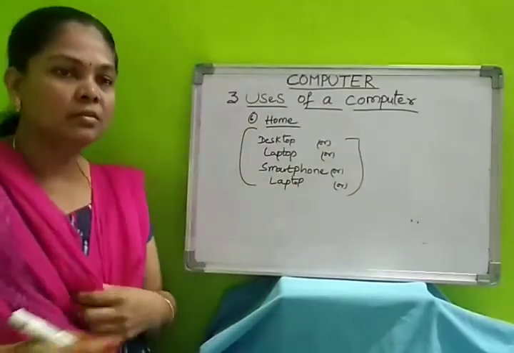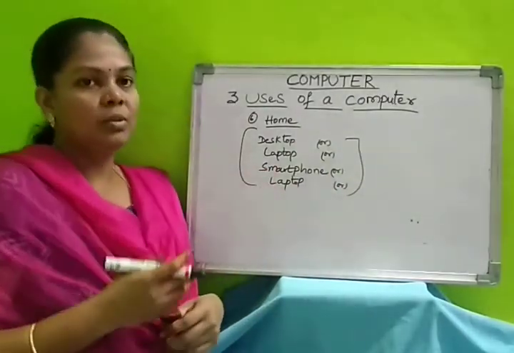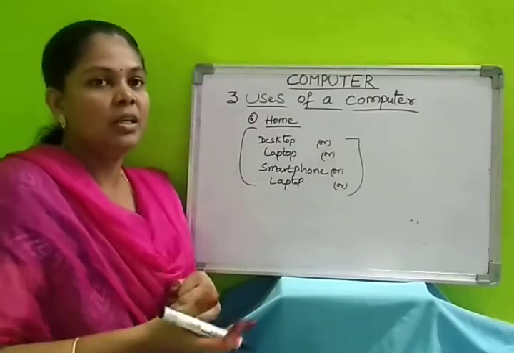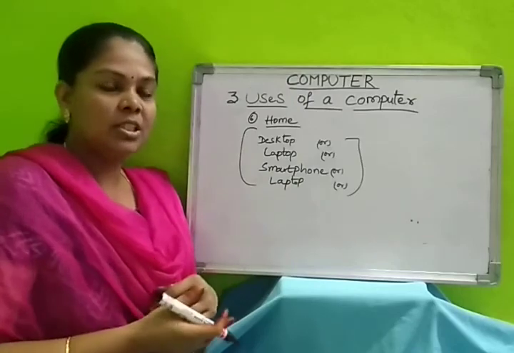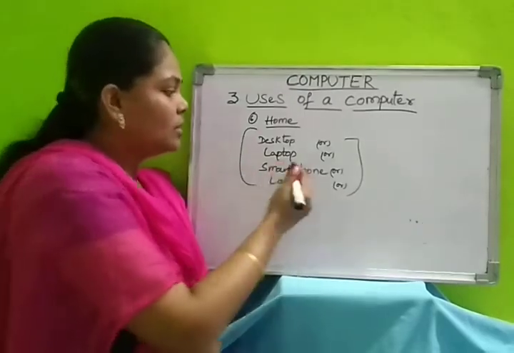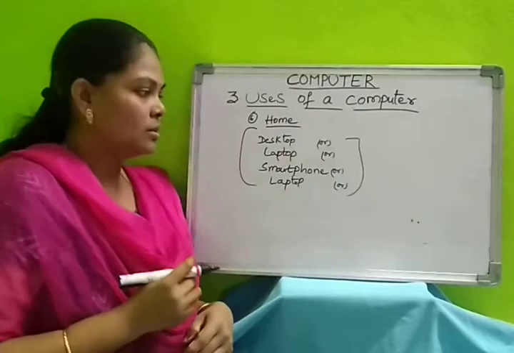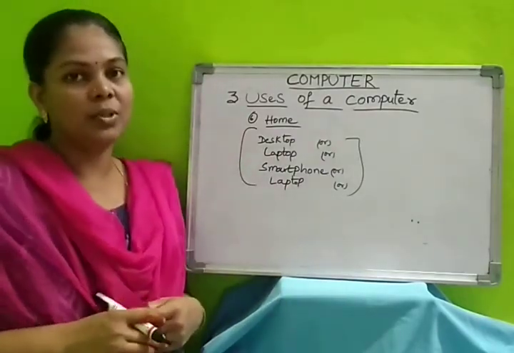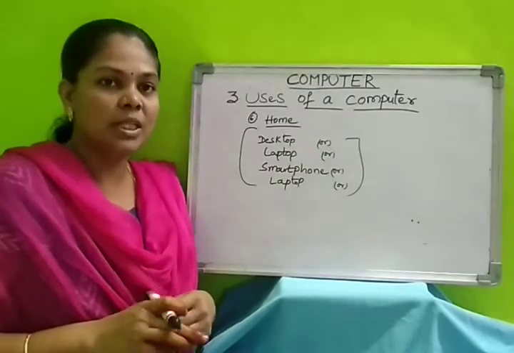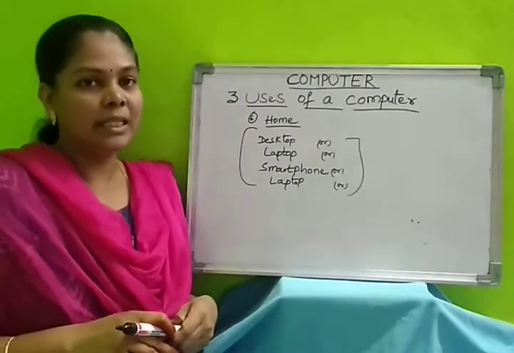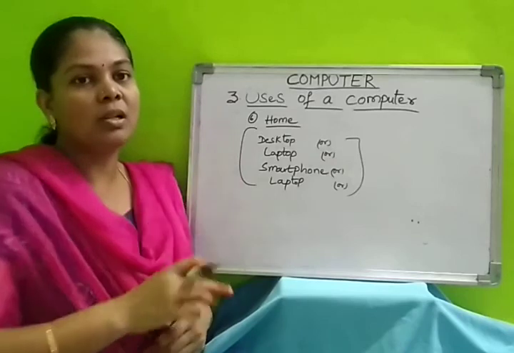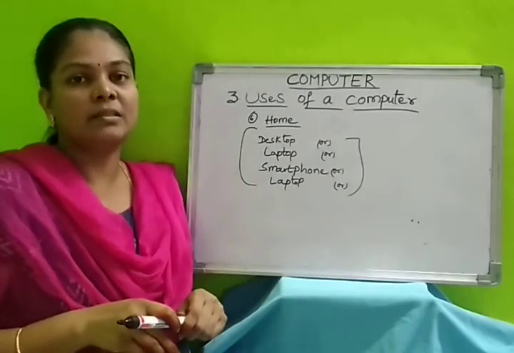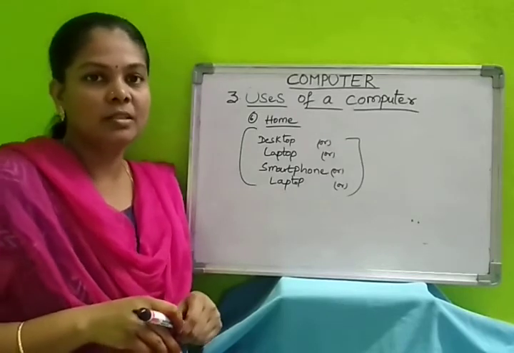We can also use these for booking tickets in railways or airlines, bus reservations, and all the remaining uses. Okay. So these are the uses of a computer. We have some more uses that we will learn in the next class. I will show all these pictures and explain again so that you can remember and understand better. Okay, children?